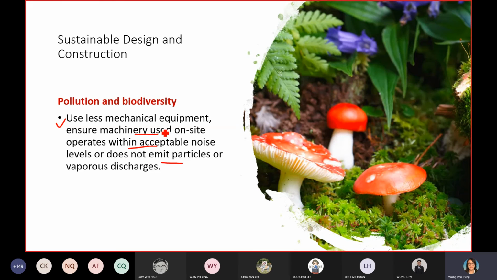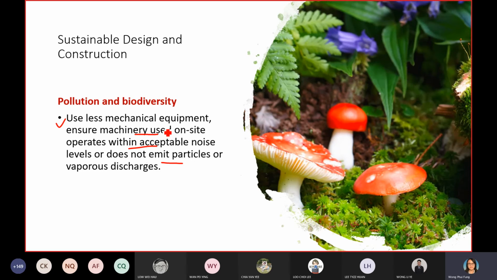This could be quite important if the construction site is near a hospital, near a school, or near a major highway. The contractor and the developer can always select more quiet equipment. They can compare the noise level among the plants and machinery.